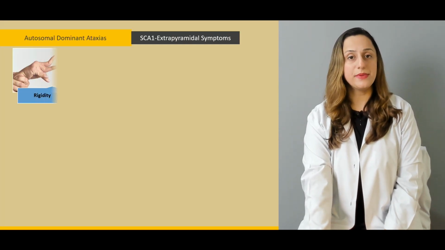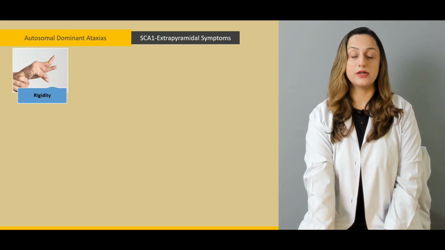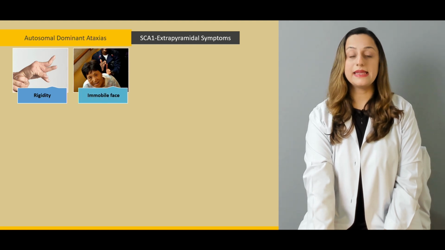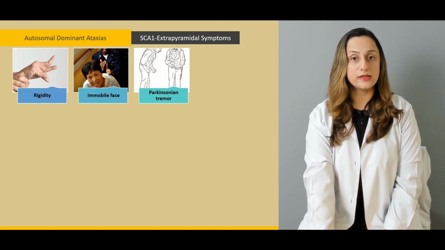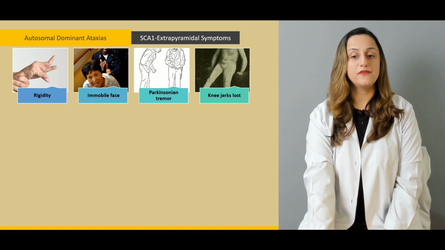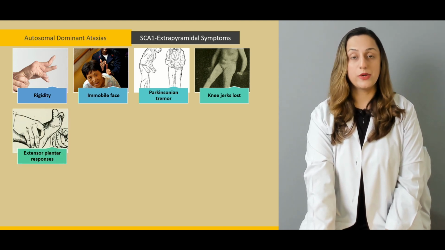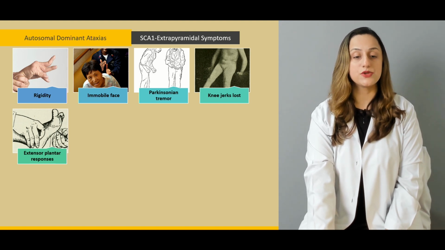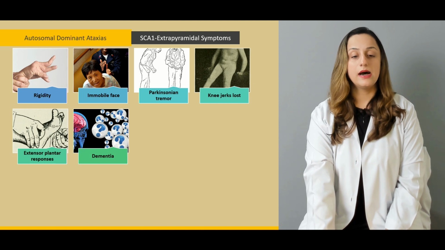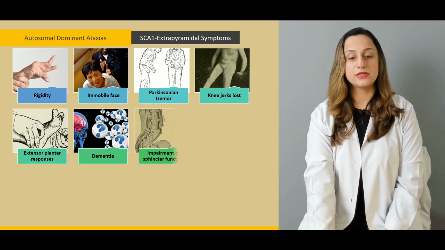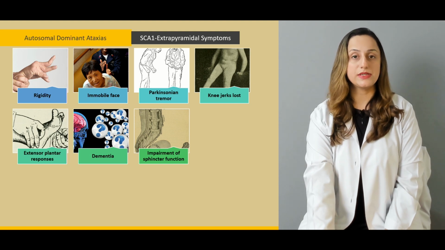The extrapyramidal symptoms would include rigidity, an immobile face, a Parkinsonian-like syndrome, and knee jerks which are lost or diminished when you elicit these reflexes, and finally we have the extensor plantar responses noted down. Dementia and loss of memory are also associated with it. And then finally, we have impairment of sphincter function.